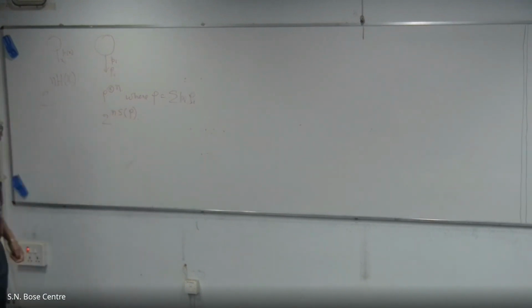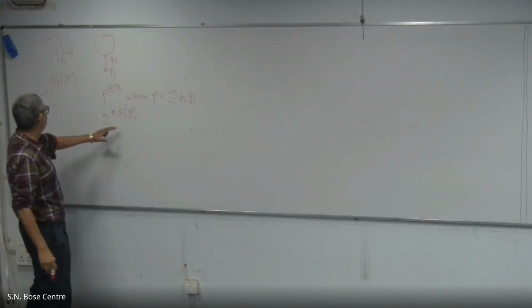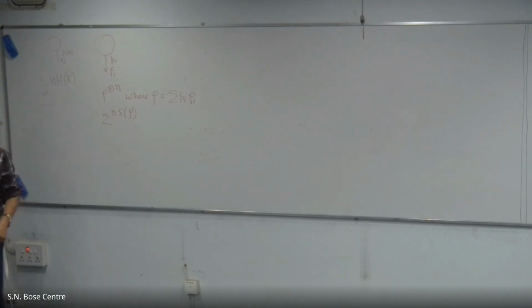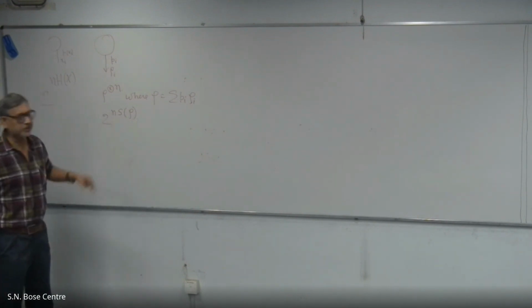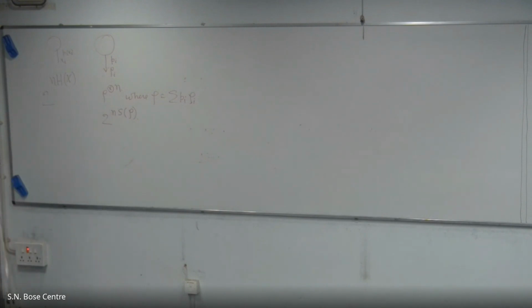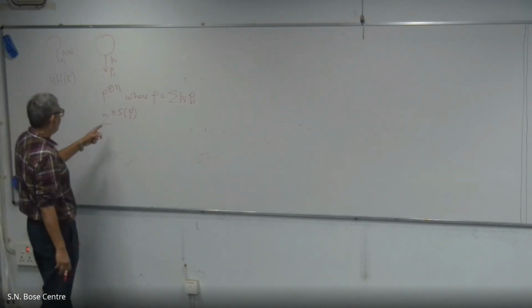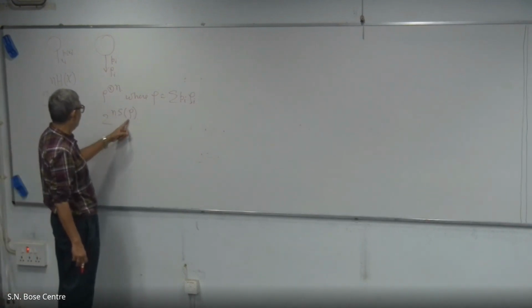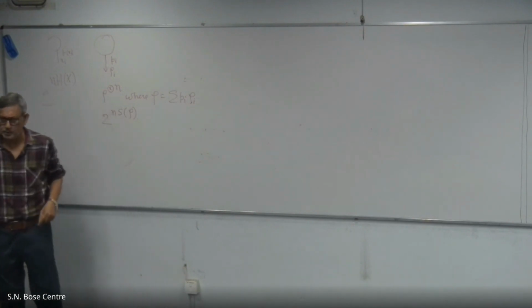Now, here there is a problem which was not there. It is a very important question that you have got 2 to the power n s of rho number of sequences. Oh, sorry.